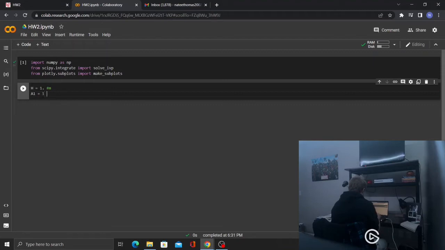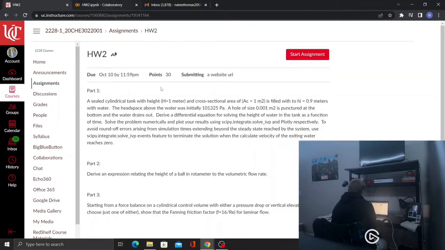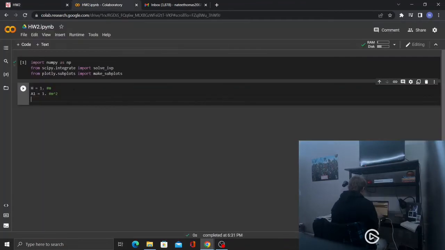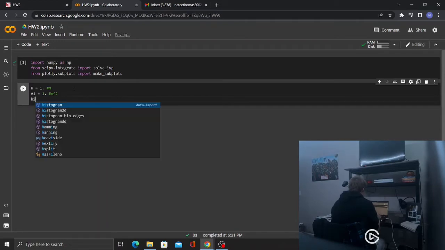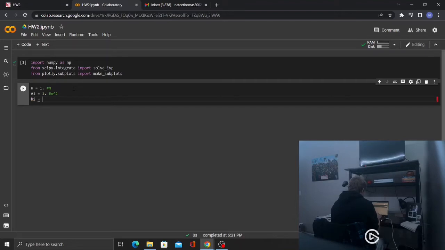Again, that was 1 meter squared. And then we have it filled up to height HI of 0.9 meters of water. So HI will equal 0.9 meters.